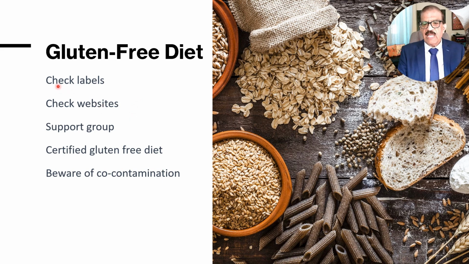If it is completely gluten free, I think that will be safe for patients with celiac disease. And check websites; there are various websites giving lists of gluten-free diet, and there are support groups that share information.